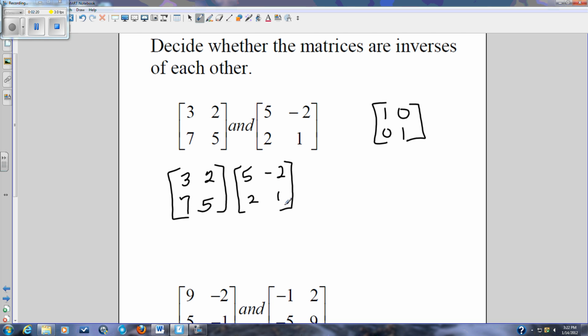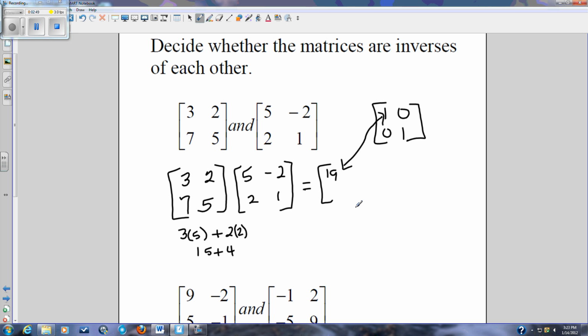So let's do this. We're going to say 3 times 5 plus 2 times 2. We're taking the first row times the first column, and we get 15 plus 4, which would mean our first entry in the resulting matrix is a 19. Now already this isn't working out because the first entry should be a 1 if it was an identity matrix.